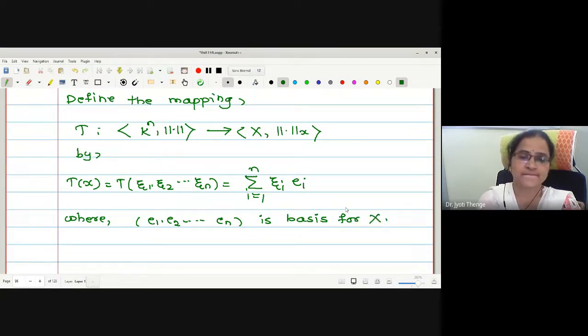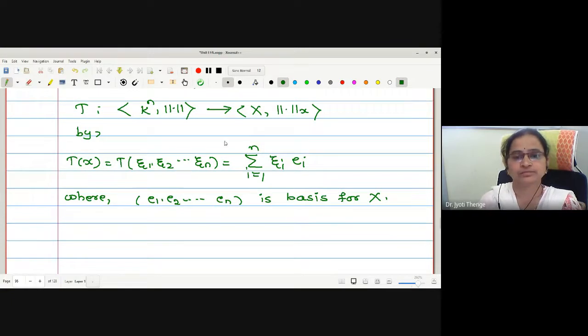Is that okay? If these e_i, if we write this as a standard basis, this definition will be identical, no? Tx will be x itself, if e_i are standard basis. Here we have not written this is a standard basis. With respect to any basis, we were writing this as a definition.